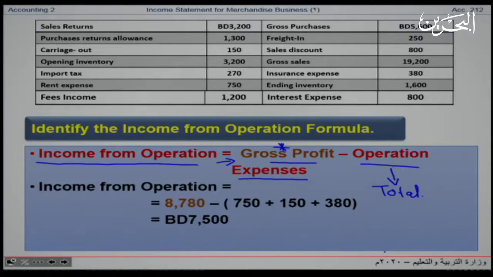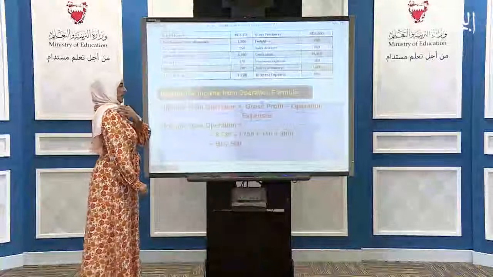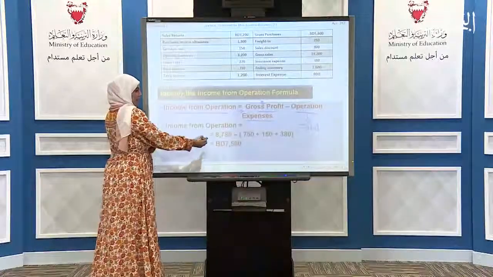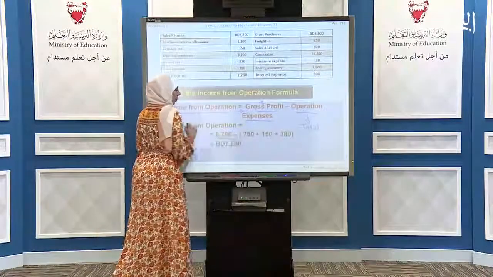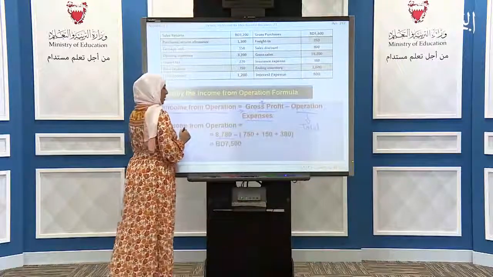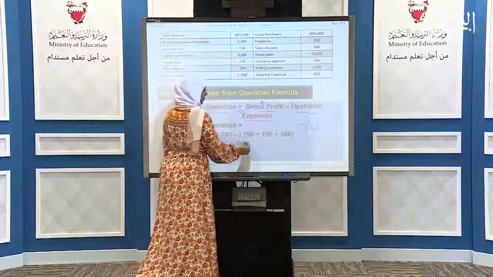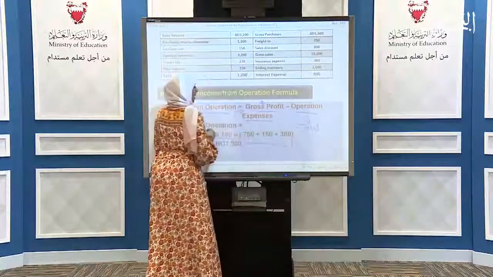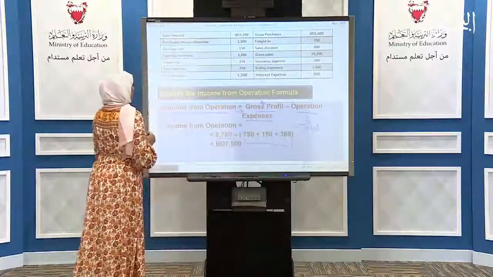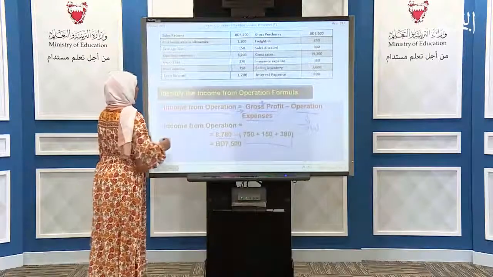Let us apply it by using the figures of Abdullah Company data. The gross profit, I found before, and it was 8,780, and I will subtract the total of operating expense. Let us take the operating expense here in Abdullah data.